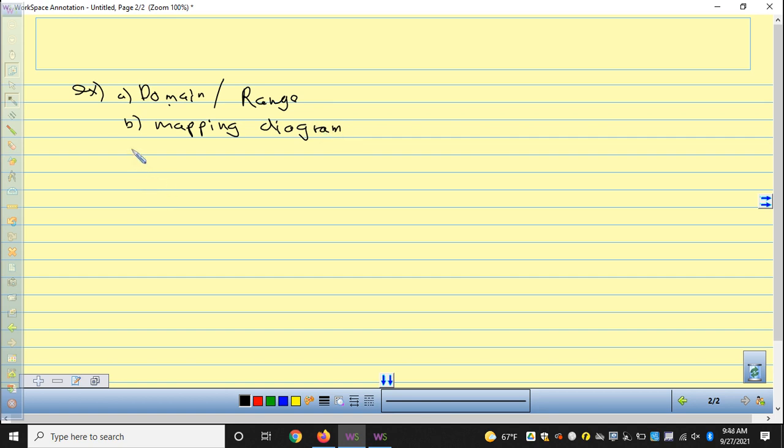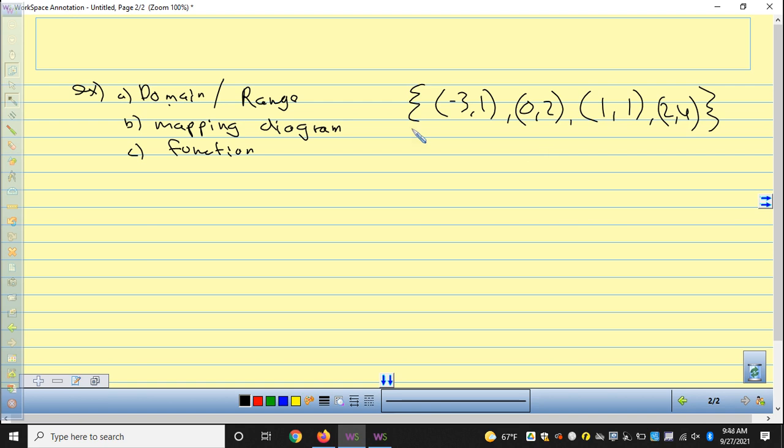And we want to know, is it a function? So the first one, we have the points. The little braces mean this is a set, a group of points: (-3, 1), (0, 2), (1, 1), and (2, 4). Those are our points for this relation.